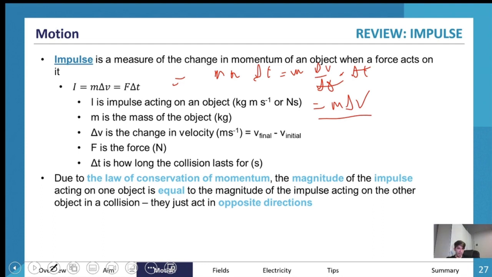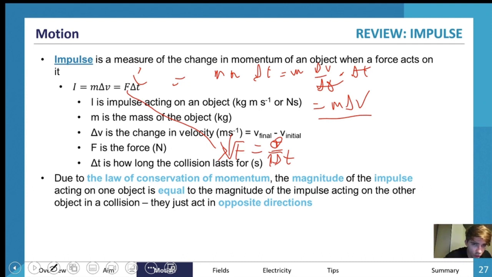Because it means that if we want to reduce, and this is when you learn about crumple zones in cars, if you want to reduce the impact on an individual during an accident, when they have a car accident, you try and create crumple zones in cars so that it increases the time of collision. Because force is equal to impulse over change in time, right? So if you increase the time of collision, you reduce the amount of force applied on the individual for the same amount of impulse.